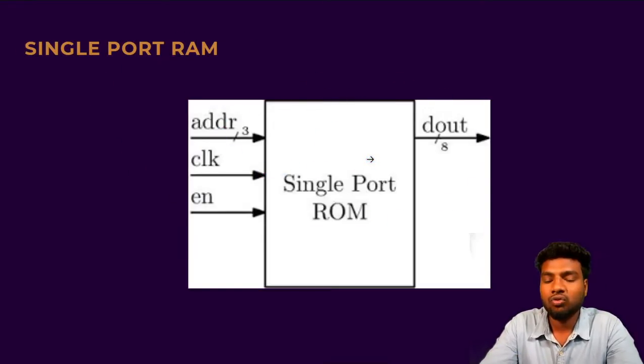If you take dual port RAM, it has two addresses, a read address and a write address, so additional signals are added. There are also memories like FIFO or DDR, DDR3, DDR5, which are the latest in your computer.